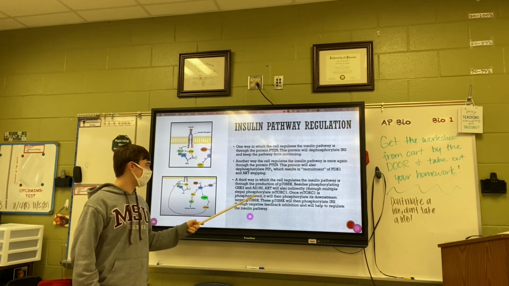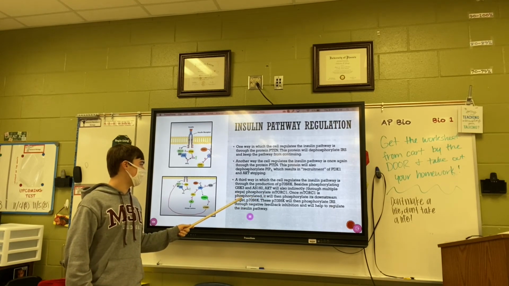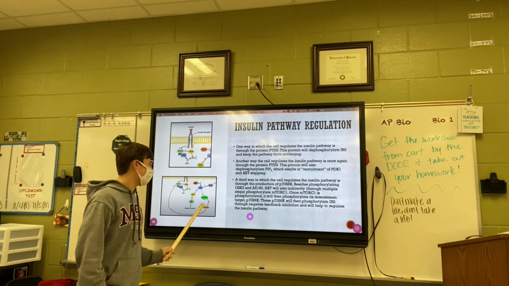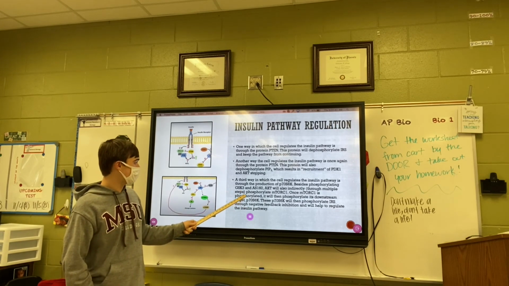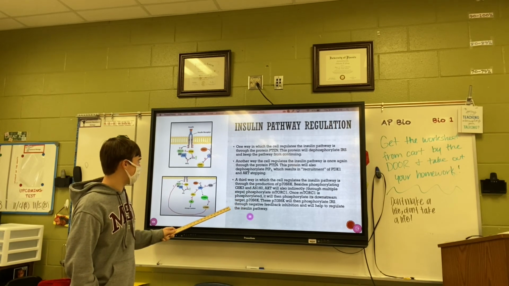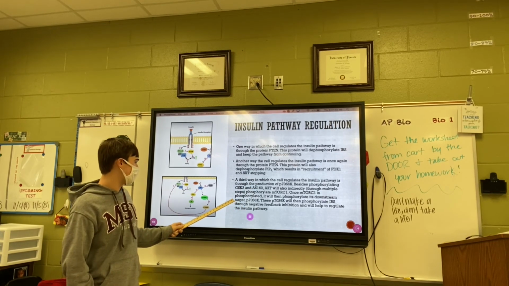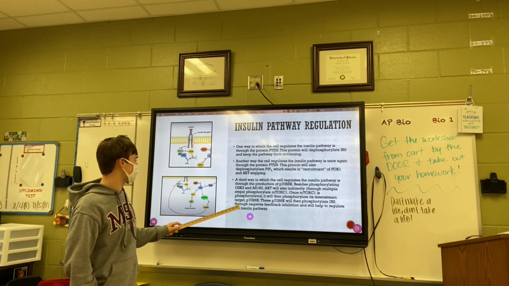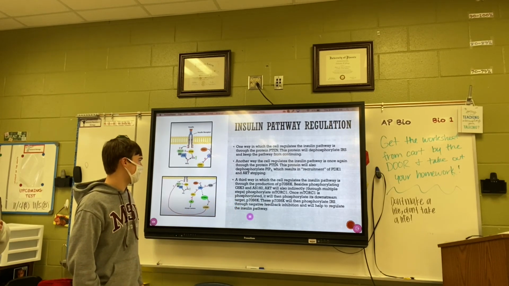And once mTORC1 is phosphorylated, it will then phosphorylate its downstream target, P70S6K. And this is important because these P70S6Ks will then go back to the beginning of the pathway and phosphorylate IRS through negative feedback inhibition and stop it from continuing the pathway. And this is used to help regulate the insulin pathway.